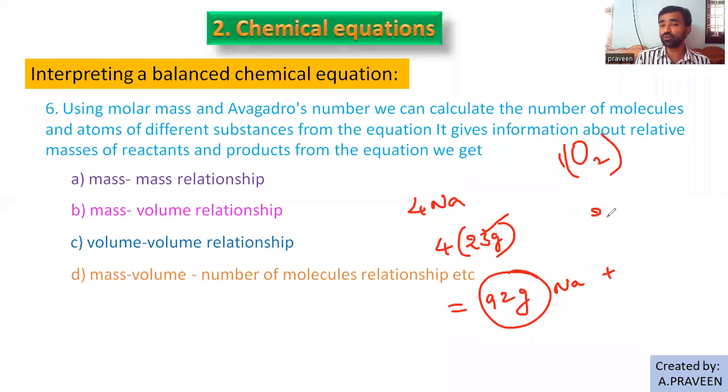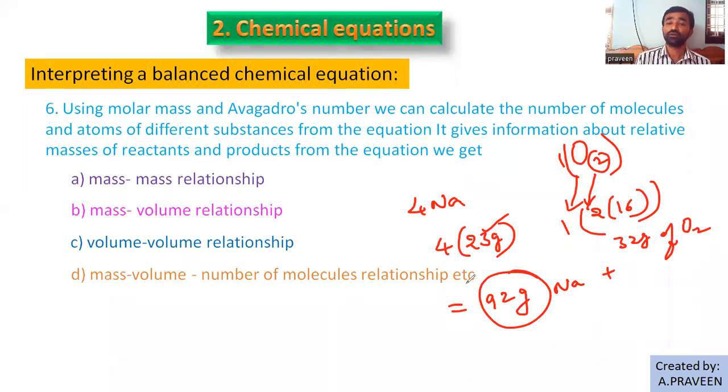That means 2 into 16, 2 from the subscript into 1 from the number of moles, right? So it is 32 grams. So 32 grams of oxygen is required. 92 grams of sodium reacts with 32 grams of oxygen, right?